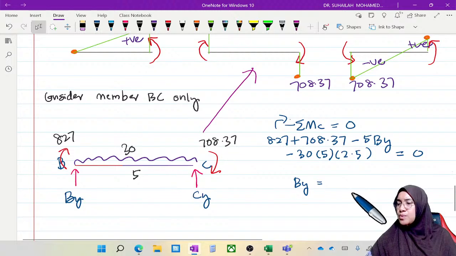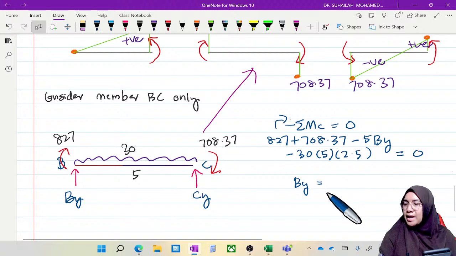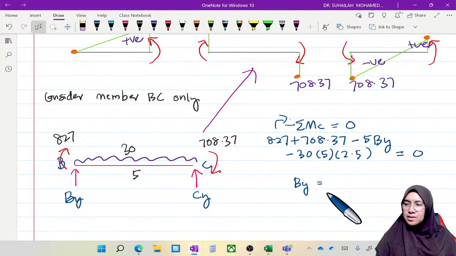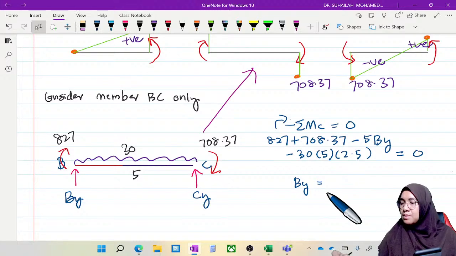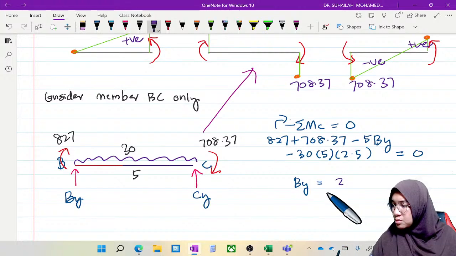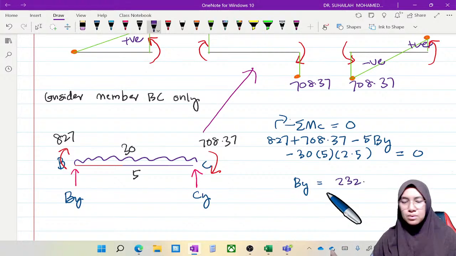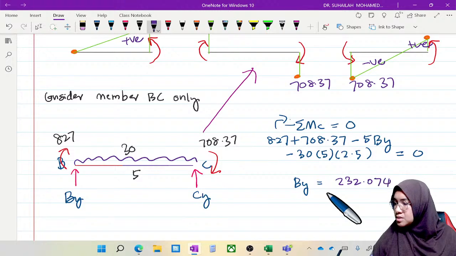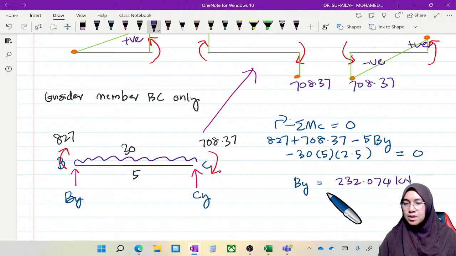So we can calculate BY as 827 plus 708.37 minus 30 times 5 times 2.5, divided by 5. So we get BY as 232.074 kilonewton.